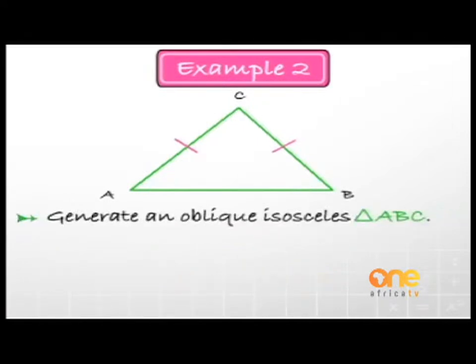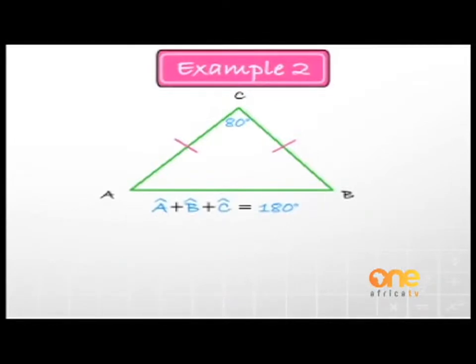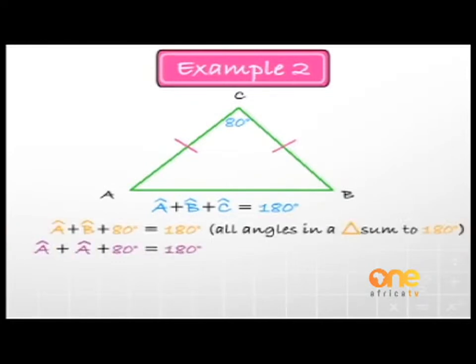Now, to generate an oblique isosceles triangle, we will make sure that angle C is not equal to 90 degrees. So, we will let angle C equal, let's say, 80 degrees. Since angle A is equal to angle B and all the angles within a triangle must sum to 180 degrees, angle A plus angle B plus 80 degrees is equal to 180 degrees.